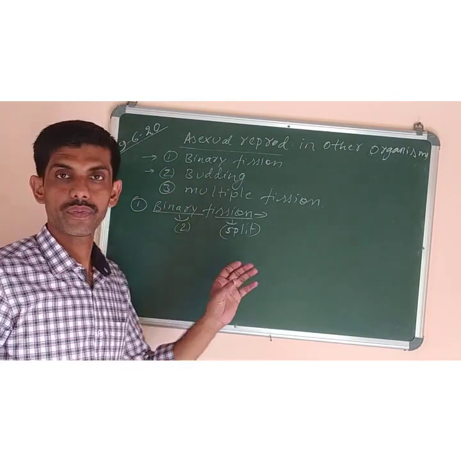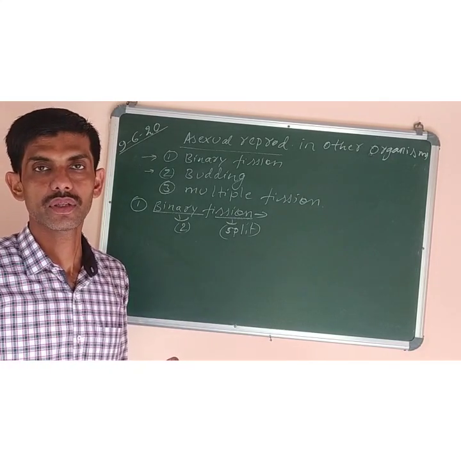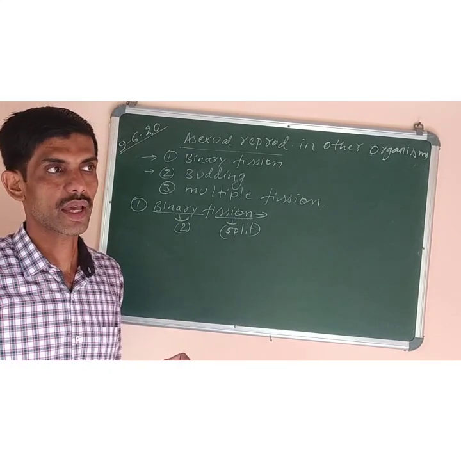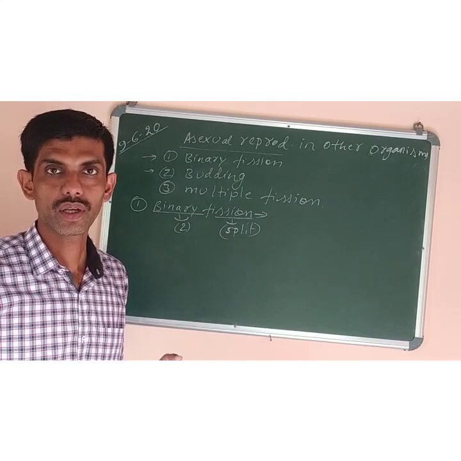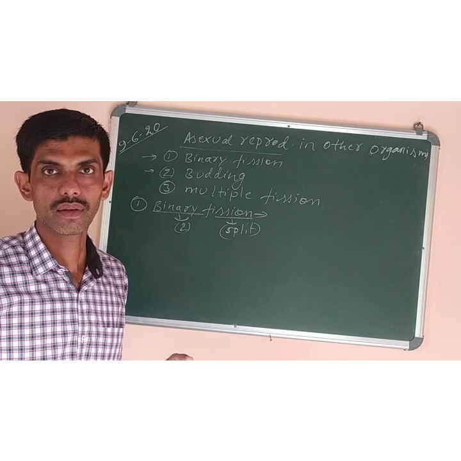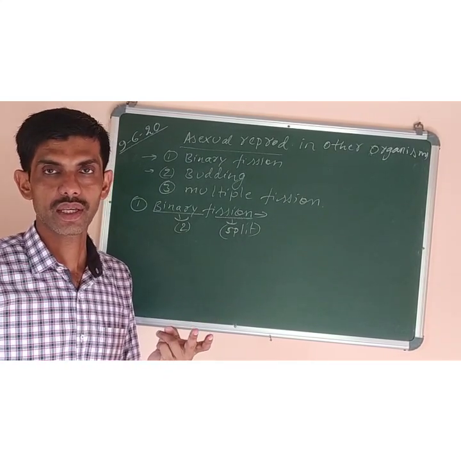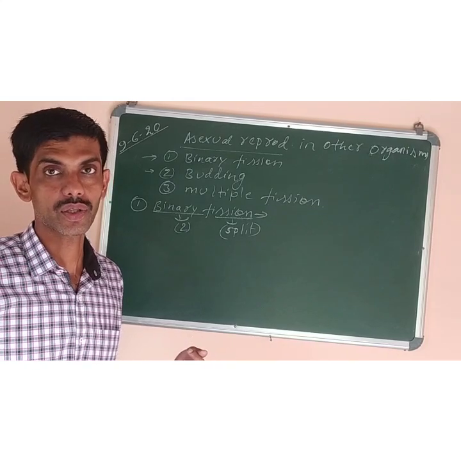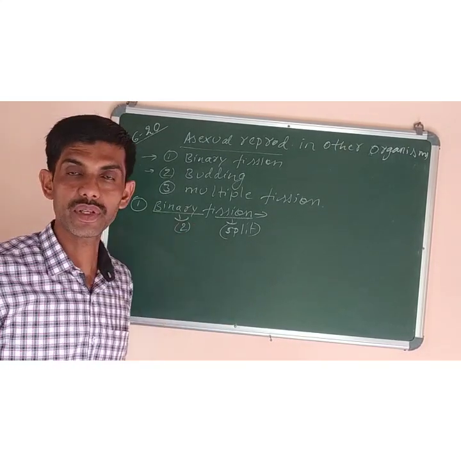So this type of asexual reproduction is found in unicellular organisms like bacteria, which can reproduce by binary fission, in which one bacterial cell can divide into two equal bacterial cells. It happens during favorable conditions that organisms reproduce asexually by binary fission.